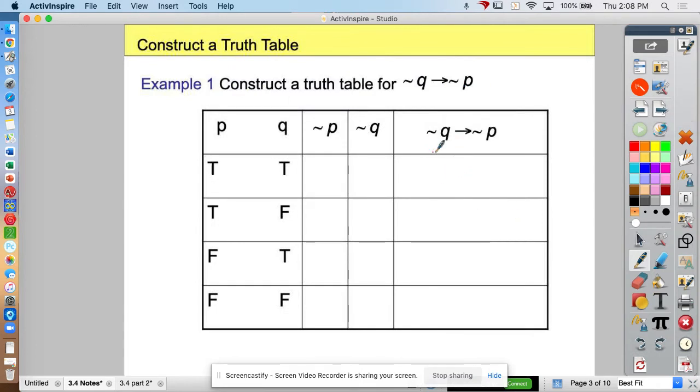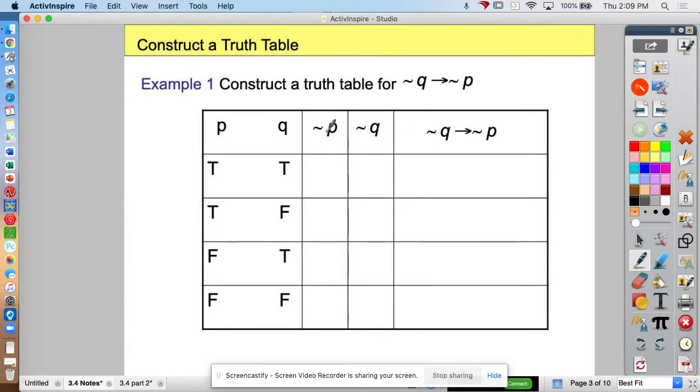All right, so in this one, when I look at my original given statement, I know that I'm starting with P and with Q, and then I have a single negated P, so I need a column for that. I have a single negated Q, so I need a column for that. I don't have any parentheses, so my next thing is the whole thing, and that's what goes next in my table.